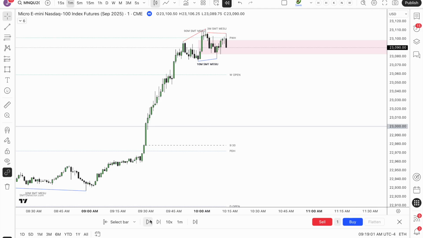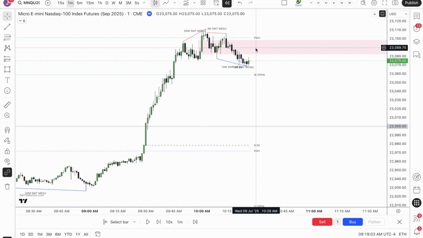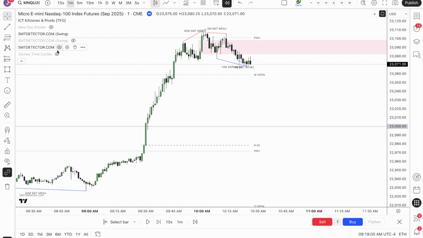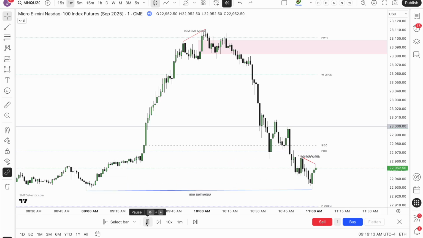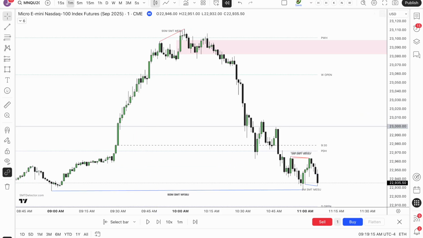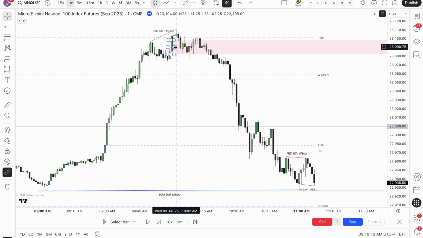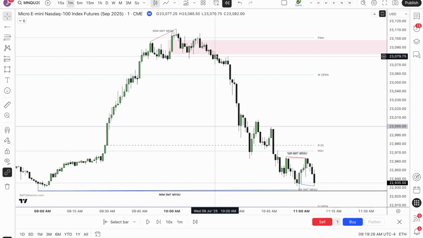So okay, you get above it, test it, run higher, drop lower. Once we close below here, 1018, the next candle tests it, drops lower.